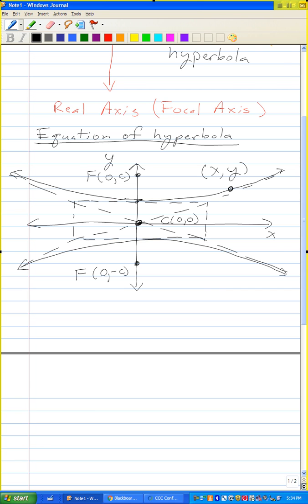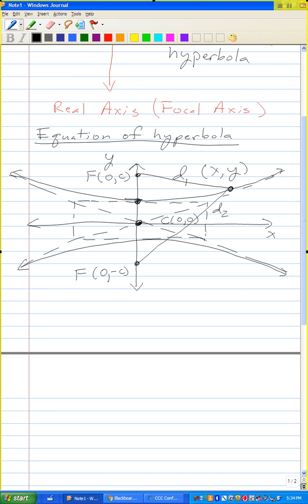If I take this distance here and this distance, let's say d1, d2, then the difference of the distances is always the same.